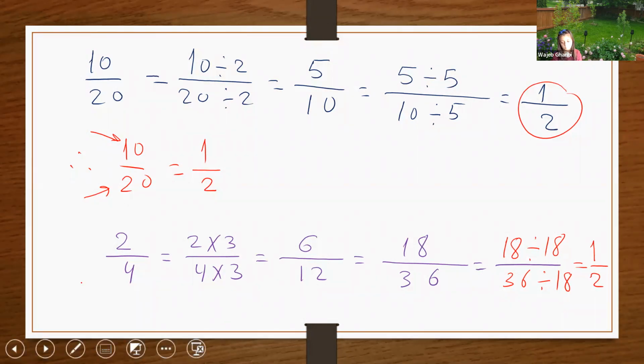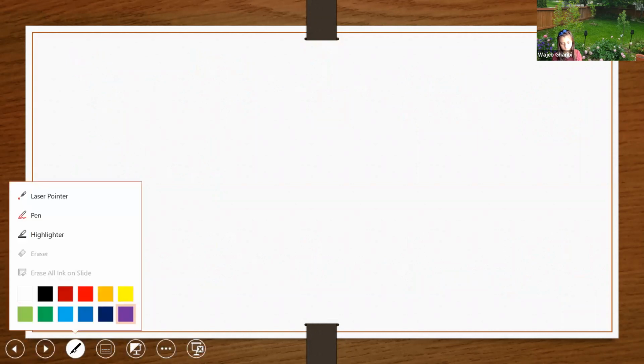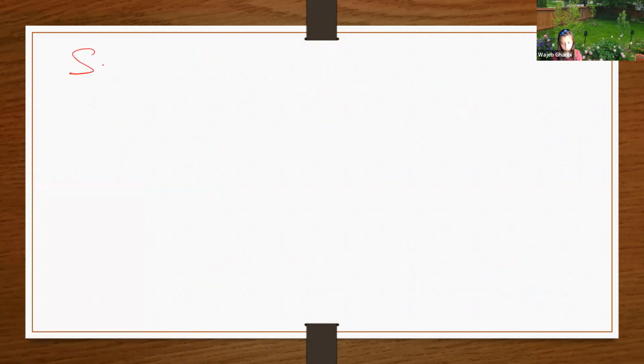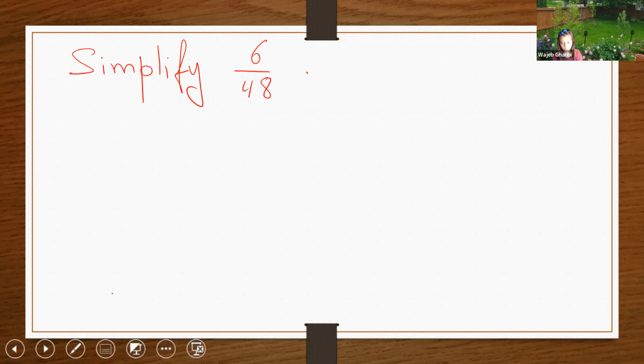What does simplification mean? Once again, how can we simplify 6 over 48?